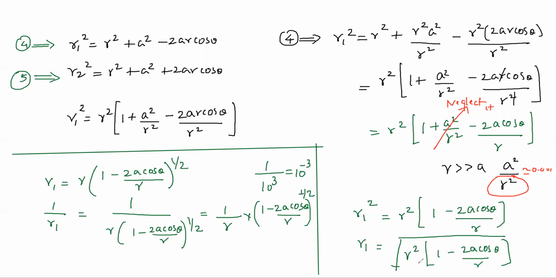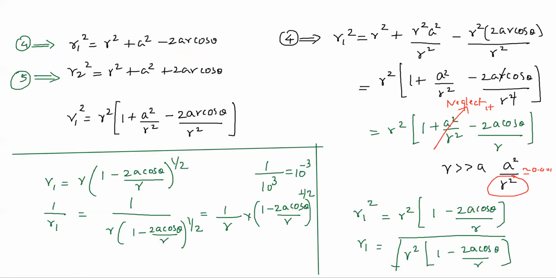Let us rewrite the final expression on the next page. 1 divided by r1 equals 1 by r into 1 minus 2a cos theta divided by r the whole power minus 1 by 2. As we have taken it to the numerator, we got minus 1 by 2. You can verify it.